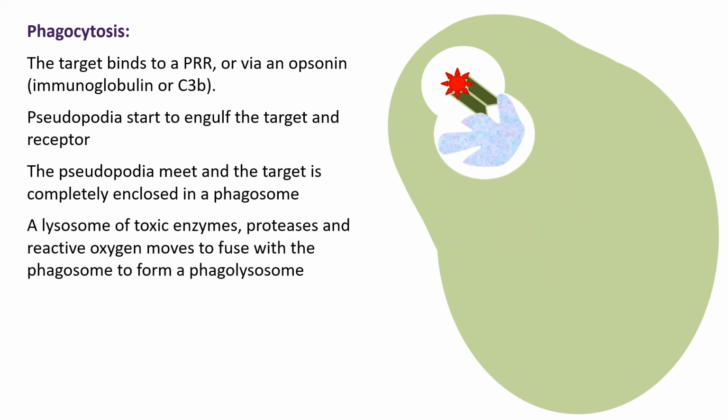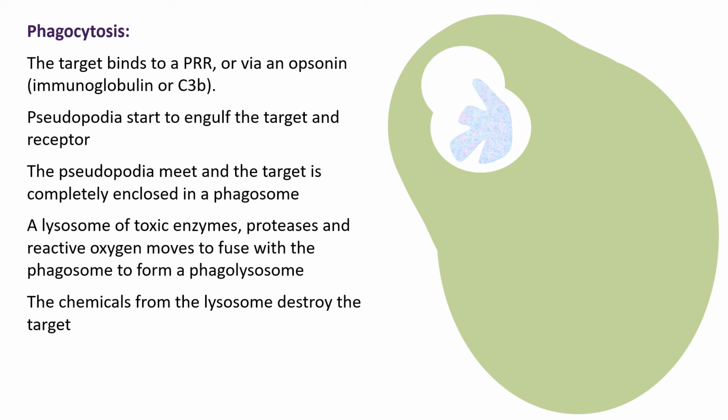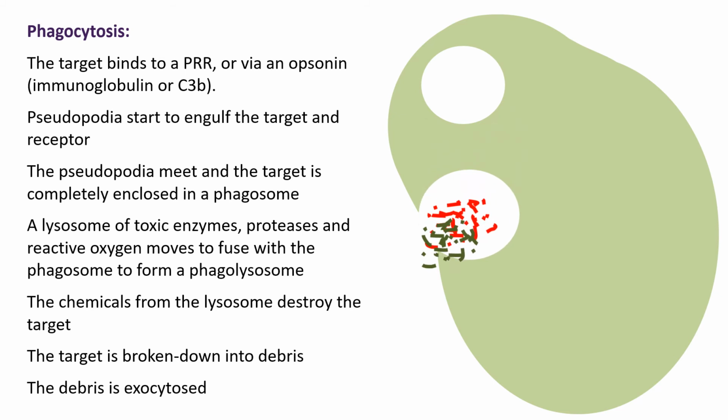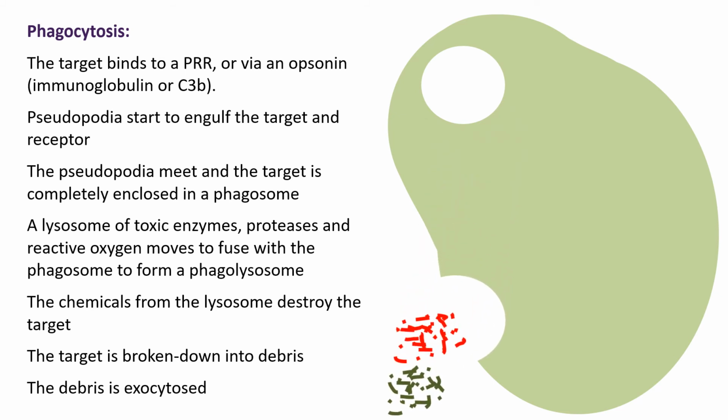The lysosome of toxic enzymes, proteases, and reactive oxygen moves to fuse with the phagosome to form a phagolysosome. The chemicals from the lysosome destroy the target. The target is broken down into debris, and the debris is exocytosed.